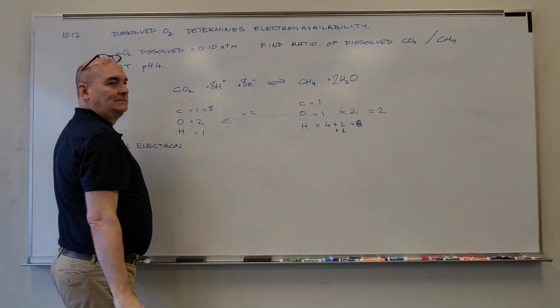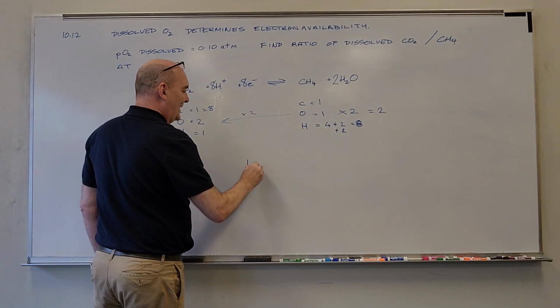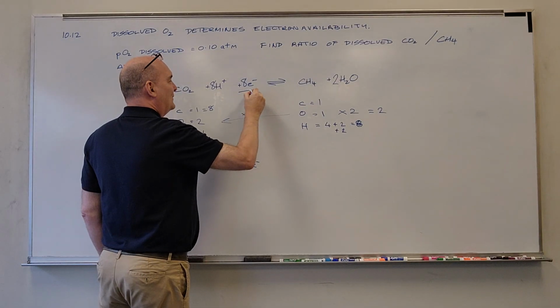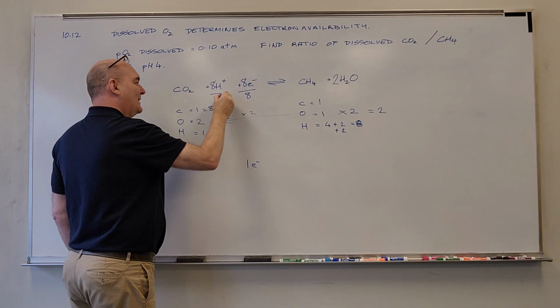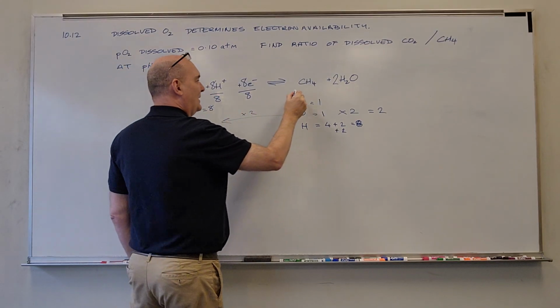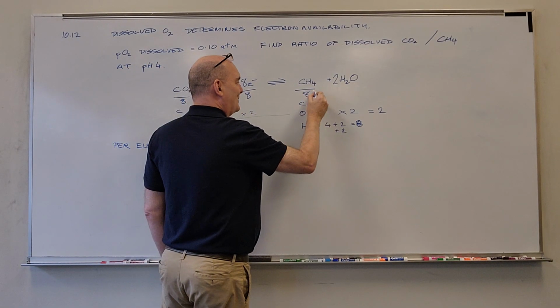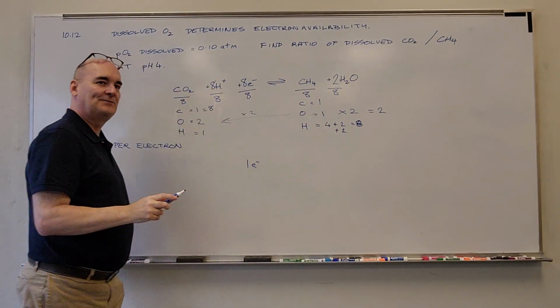There are 8 of them. So to make this be 1 electron, I have to divide that by 8, which means I need to divide this by 8, and this by 8, and this by 8, so I need to divide everything by 8.